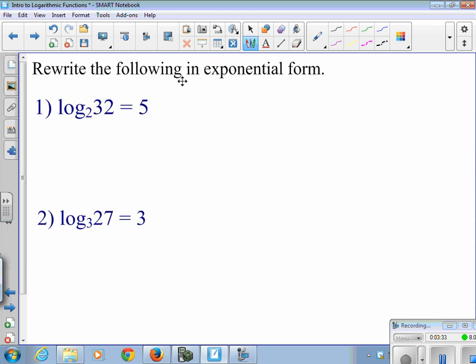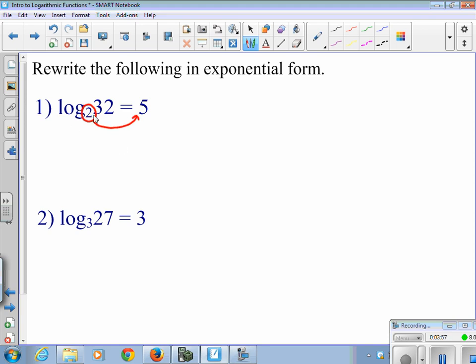Now, let's just look at rewriting these in exponential form. So these are all logs, and I want to rewrite it as an exponent. So the way I'm going to do that is, there's a little saying that I do. I always circle the base. The base is going to be raised to the power 5. So I'm going to draw an arrow over to 5.